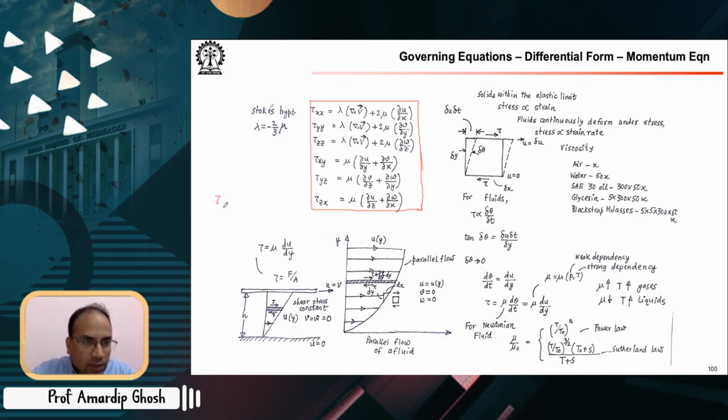If you remember, we said wall shear stress is equal to mu times du d eta, where eta is the wall normal direction and u is the velocity parallel to the wall.